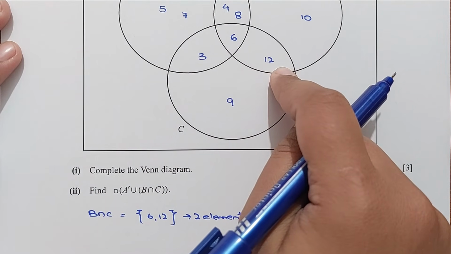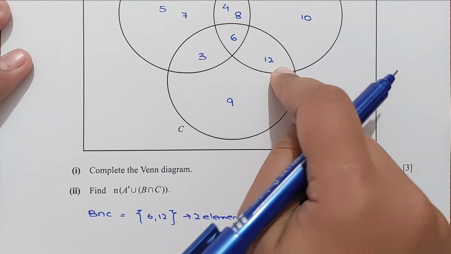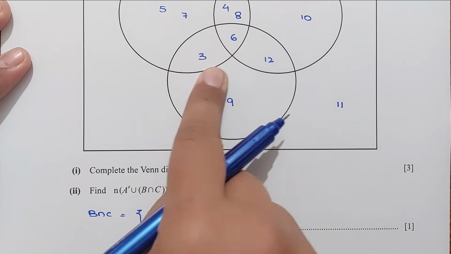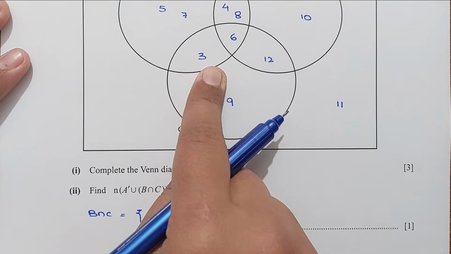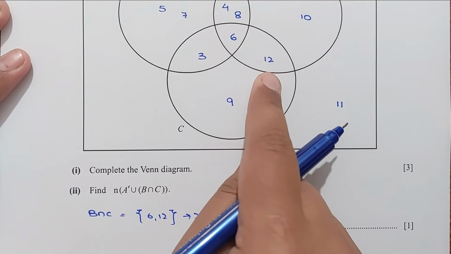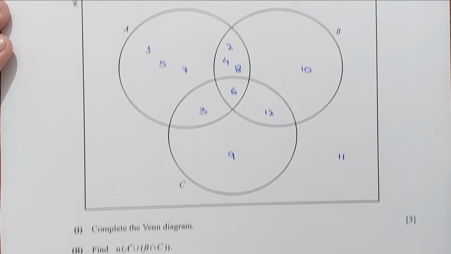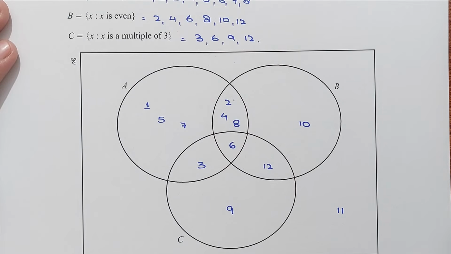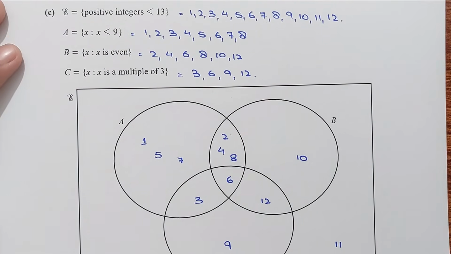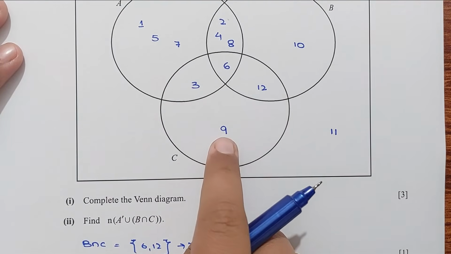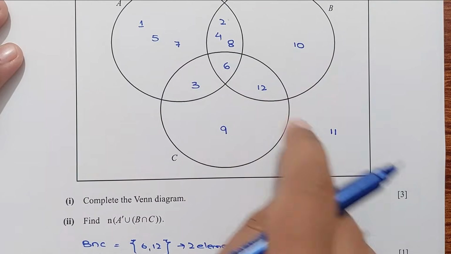Now A complement and its union with 6, 12. This is A, right? And A complement is the region that is outside of A, other than A. So the numbers that are other than A are 9, 10, 11, 12.